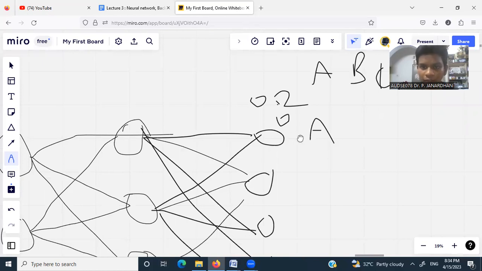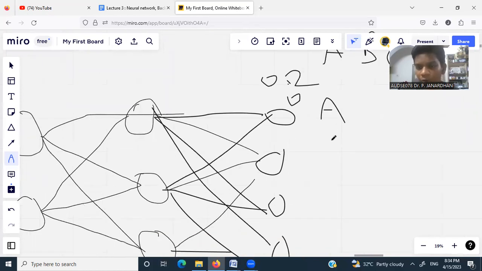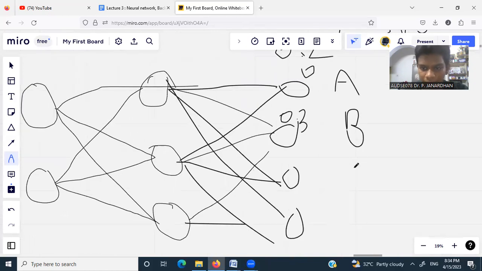Then this neuron will generate how probable the image is B. If the number is higher, that means the image is more probably B. Let's say B generates a number of 0.3, and then this neuron generates how probable the image is C, and let's say it generates 0.4.